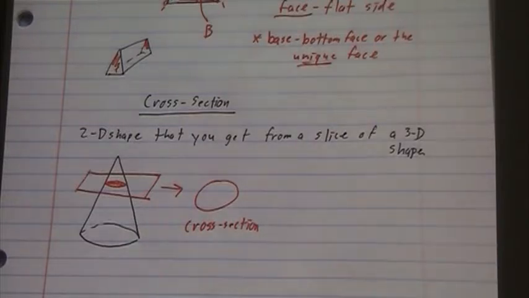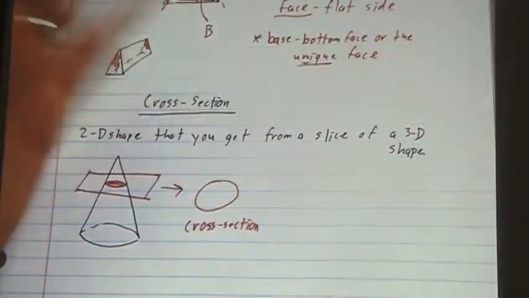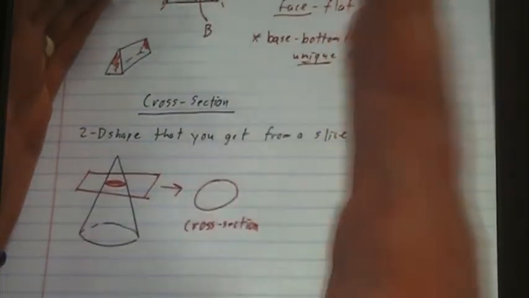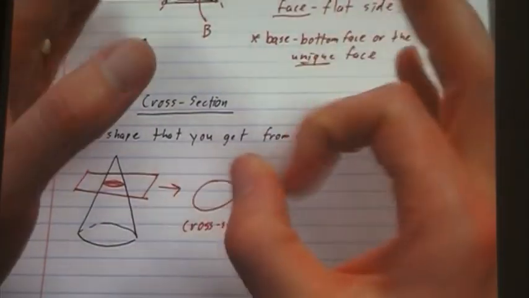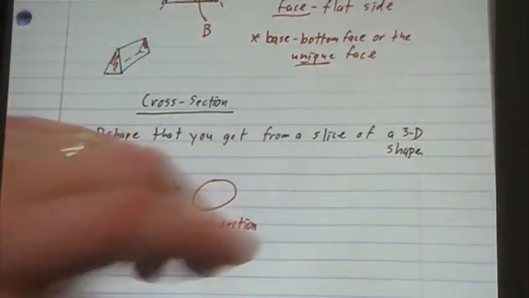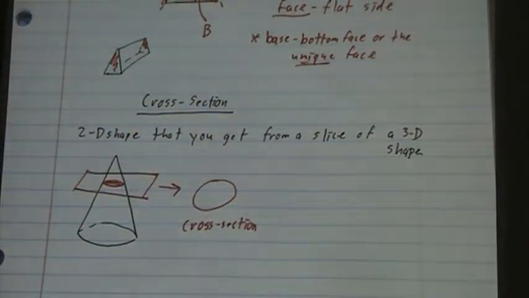Cross sections are if you ever do stuff with cooking, like if you cut an apple in half, you've got the two halves you pull apart. There's a specific shape, not quite a circle. If you cut a banana in slices, you're gonna get these little circle things, right? So that would be a cross section of a banana.